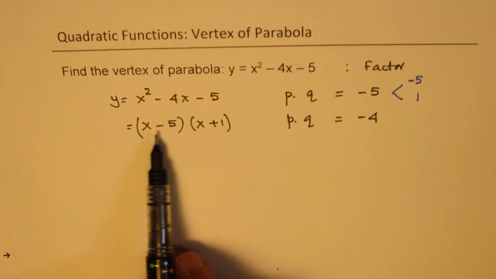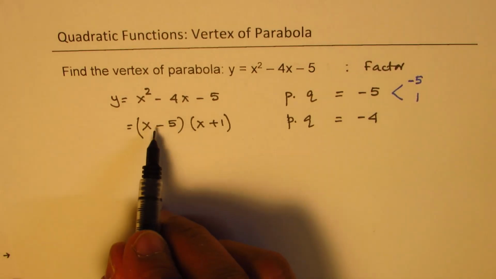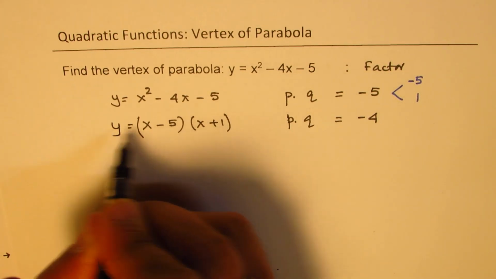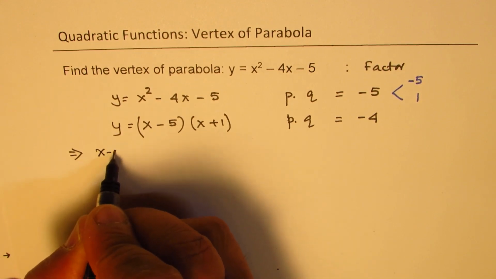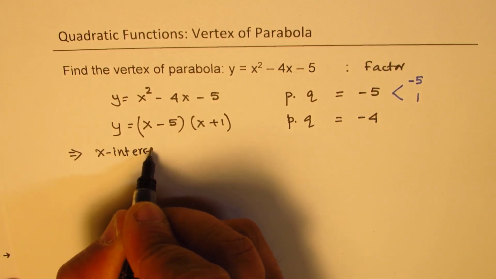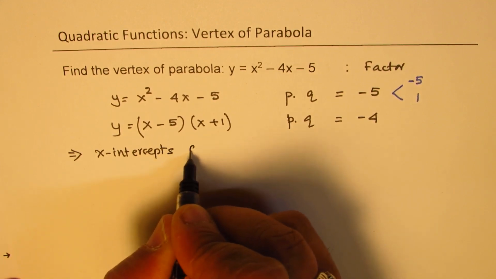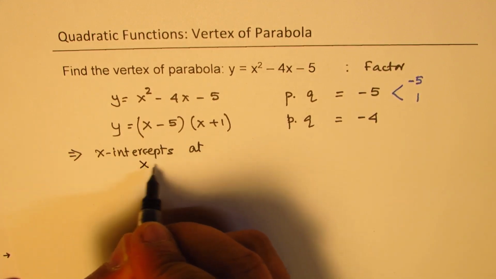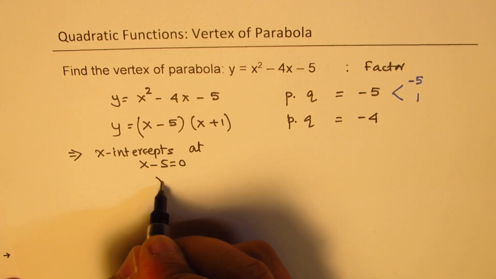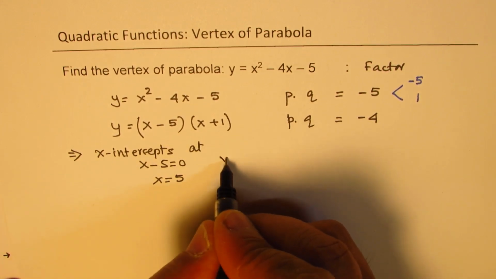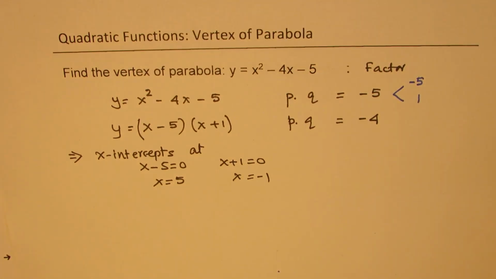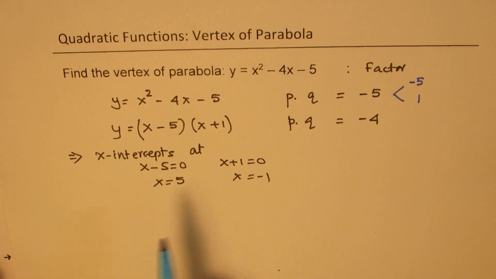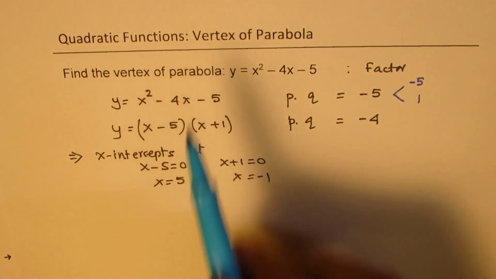So once you factor, you get two x-intercepts, right? So after factoring, this actually gives us the x-intercepts. If I say x minus 5 equals 0, this is at x equals 5. And if I say x plus 1 equals 0, we get x equals minus 1. So now let's try to understand the concept to get the vertex.